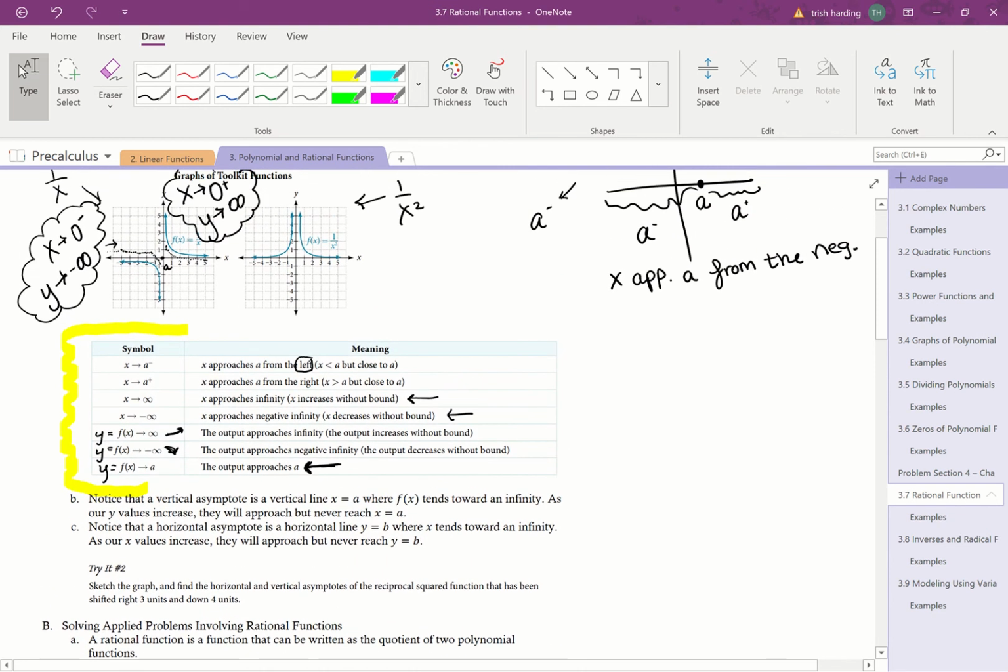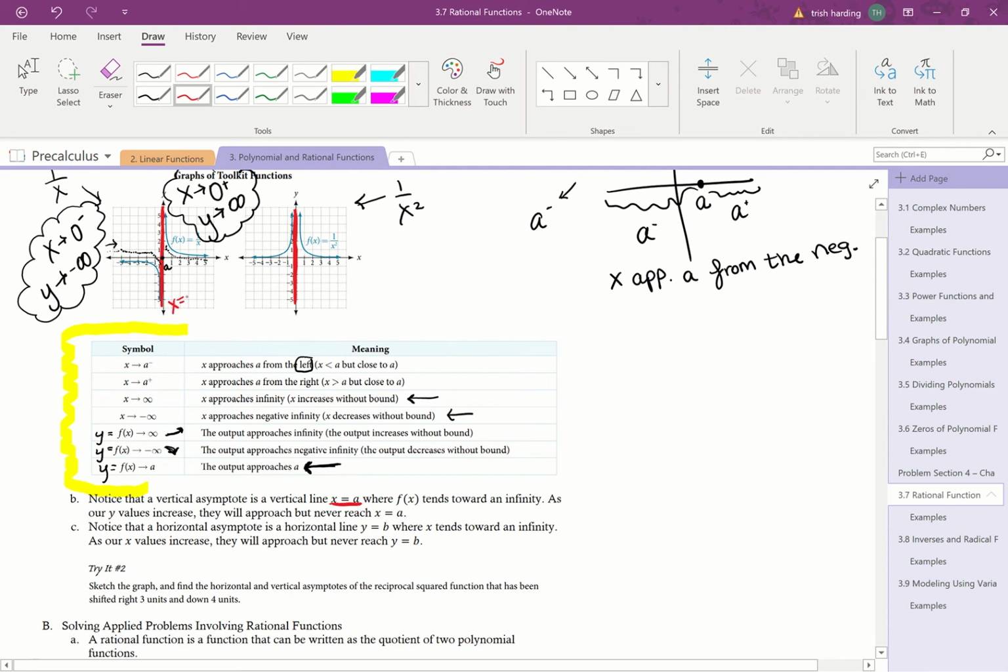So now we're going to talk about asymptotes. An asymptote is something that your graph will get incredibly close to, but it will never reach. Notice here that it never reaches the y-axis, and notice here also that it never reaches that y-axis. That would be a vertical asymptote, the line x equals a.